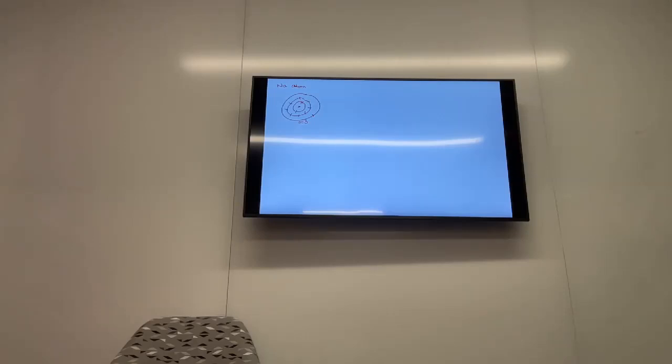Okay, so your ionization energy is going to be the energy required to remove an electron. So we think that sodium's first ionization energy, or the ability to remove that first electron, is going to be high or low?